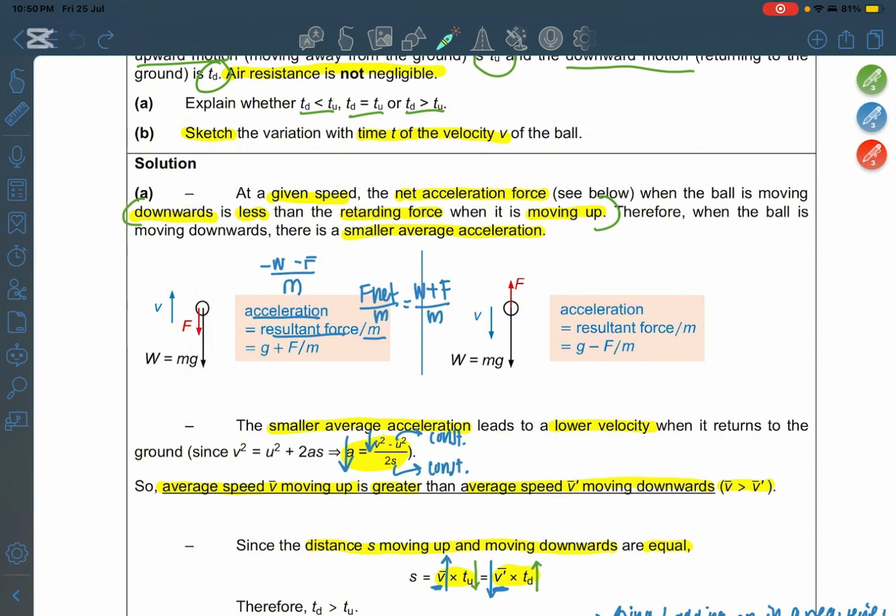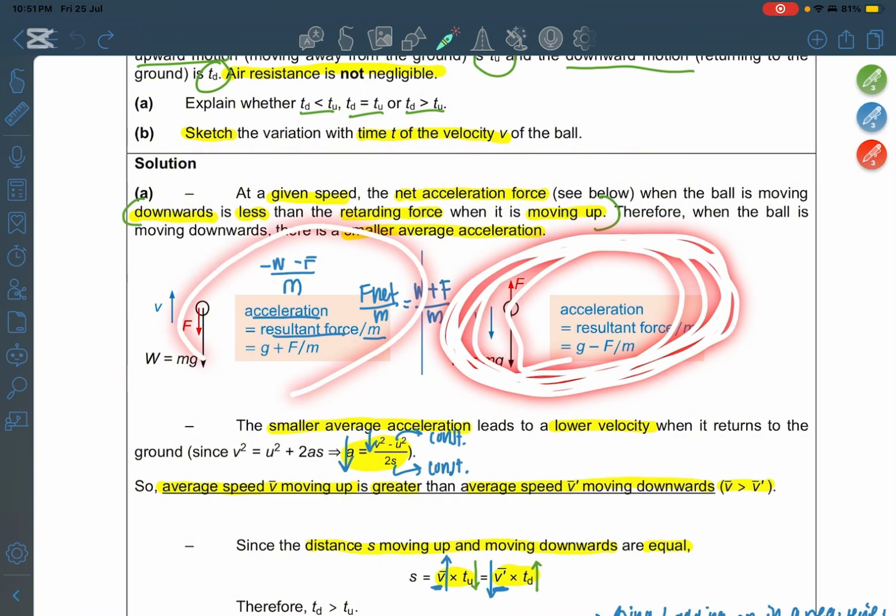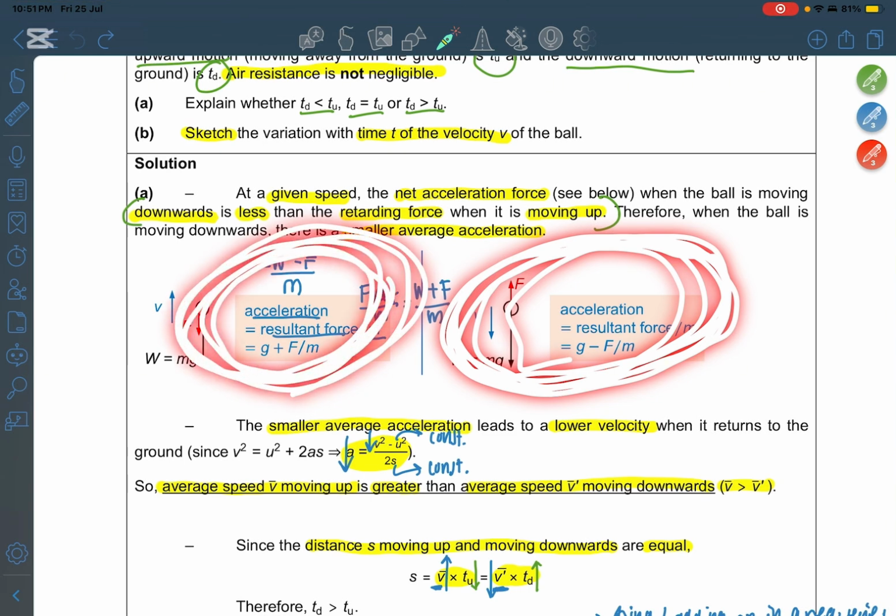So that means you add them up. So you see that the net acceleration force when the ball is moving downwards, where v is downwards, is actually smaller than the retarding force when it is moving up, when v is going up. Because this one is negative, this one is adding up. Obviously it's going to be bigger, right?